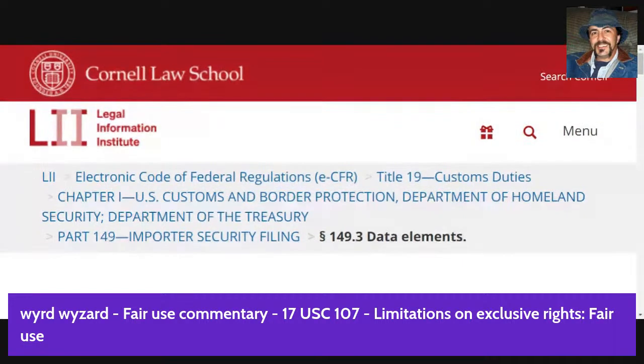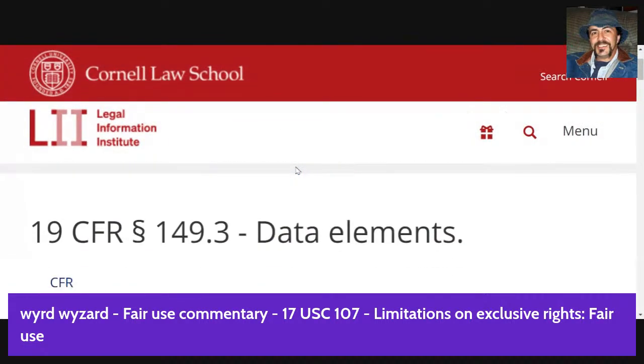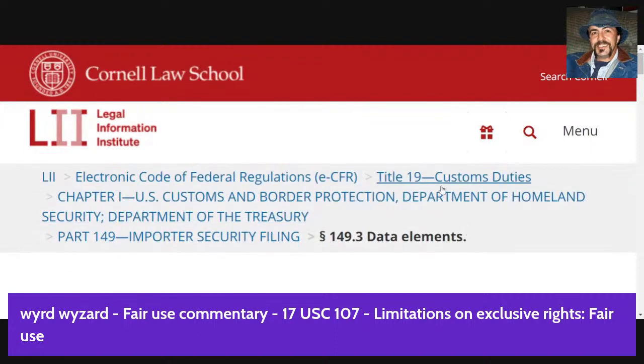We're going to start out with 19 CFR 149.3 data elements. And it comes from Customs Duties, U.S. Customs and Border Protection, Department of Homeland Security, Department of the Treasury. Importer security filing.